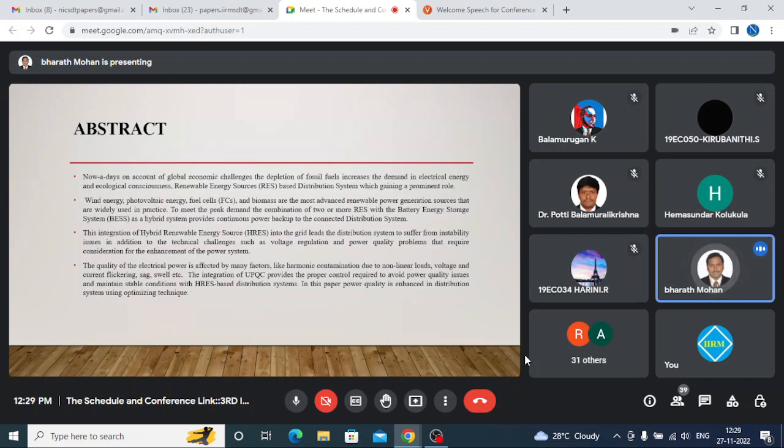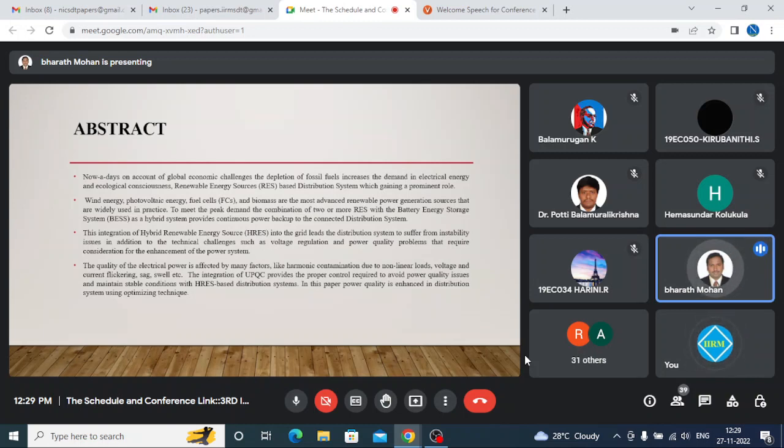To meet such demands, we interconnect two or more renewable energy sources, so that the power demand of the customers in the distribution system is met with a continuous power supply.